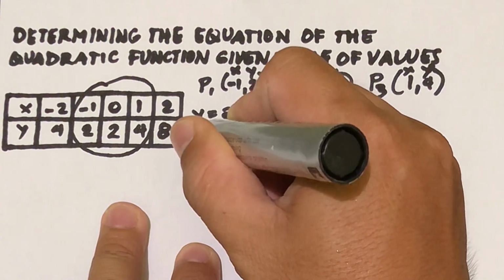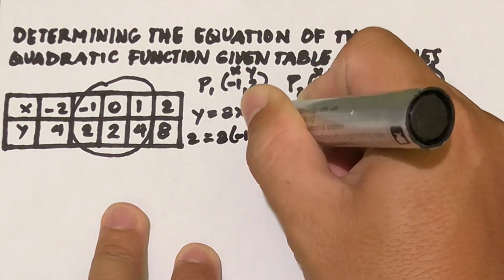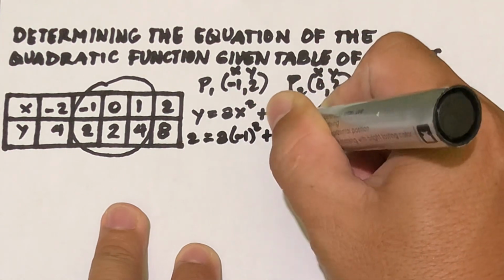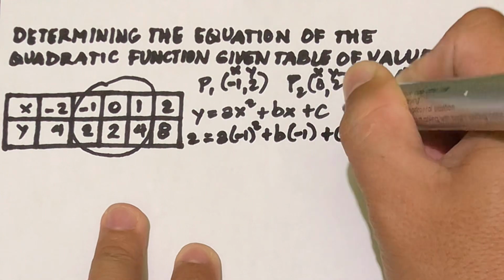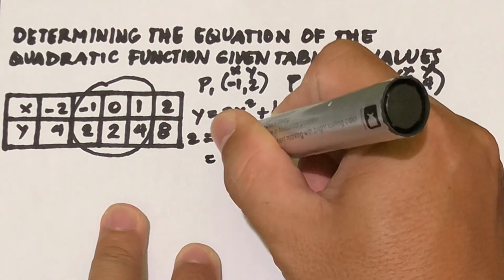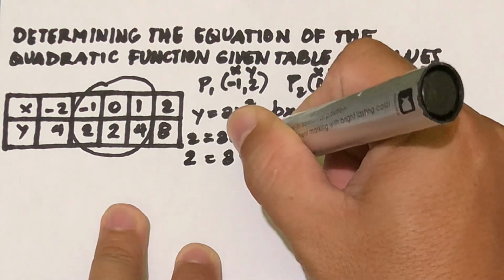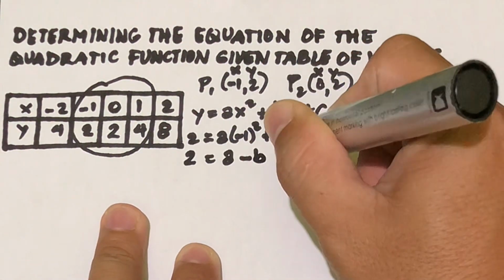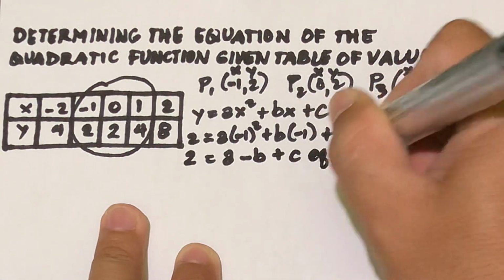So we have 2 equals a times negative 1 squared plus b times negative 1 plus c. Negative 1 squared is 1, times a is a. So this will be a here. This is 2. Then b times negative 1 is negative b. Then plus c. This will be our equation number 1.